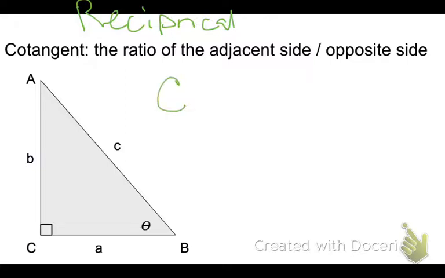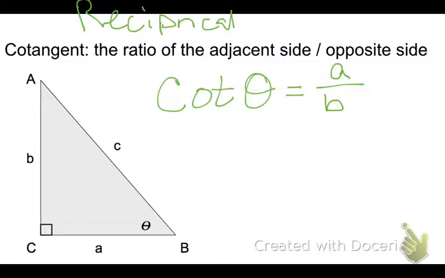Cotangent is abbreviated COT. So cotangent of theta would be the adjacent over opposite side length. Cotangent is the reciprocal of tangent.